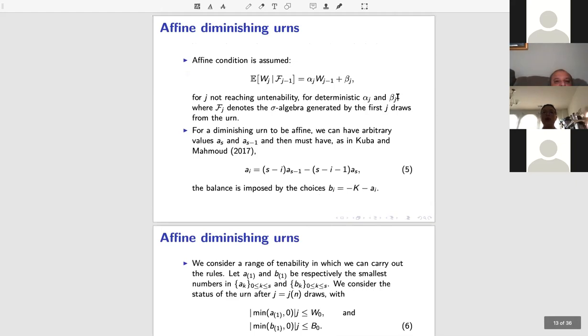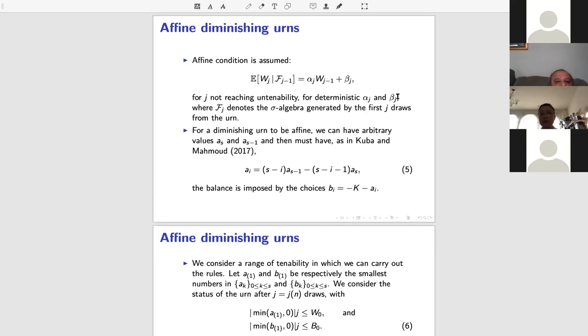With the diminishing feature, another feature we will impose is the affine feature. The affinity condition is imposed by requiring that the replacement entries follow the structure given by equation 5.